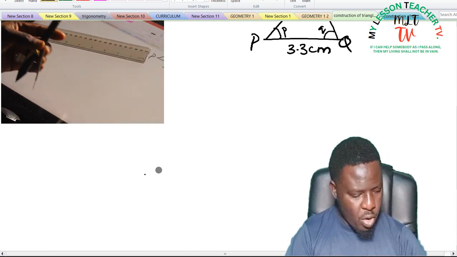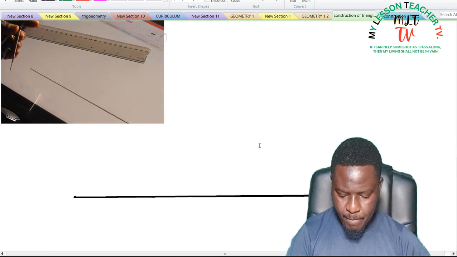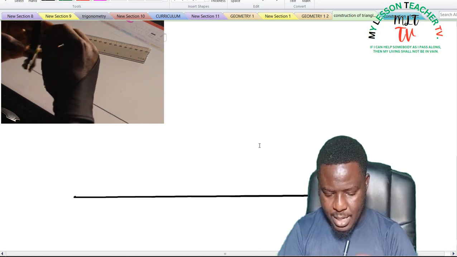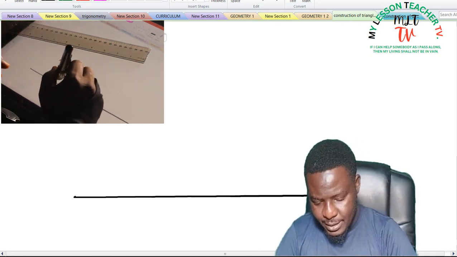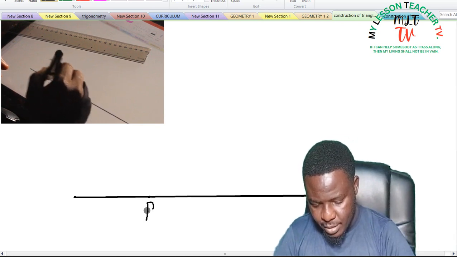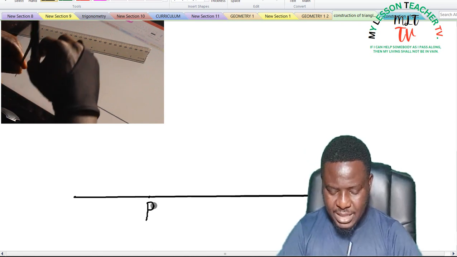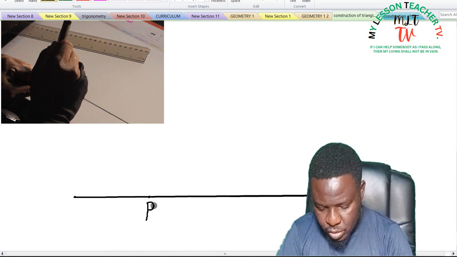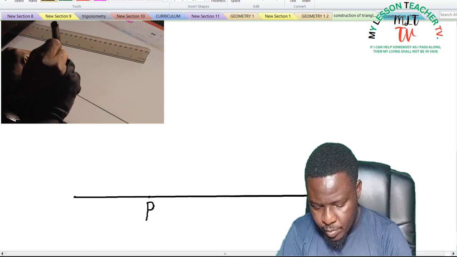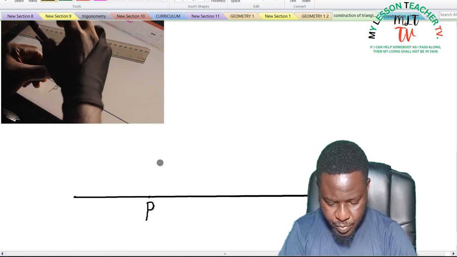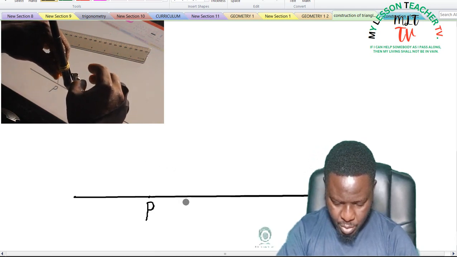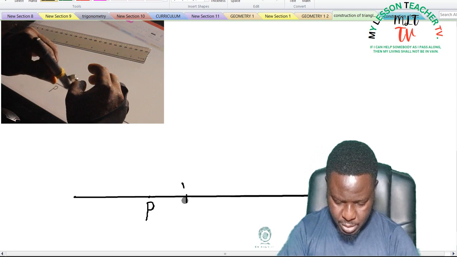Then on my line, I'm going to pick a point and call it point P. So let this be point P. Now with P as center and with that radius I got, I'm going to construct an arc across the line.